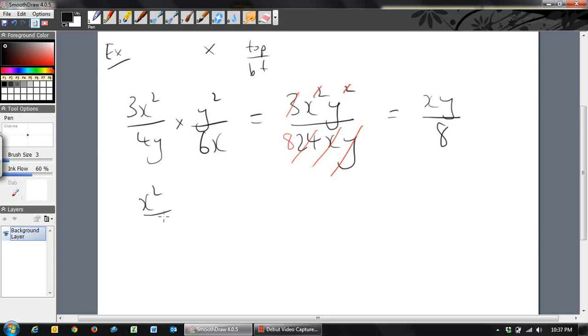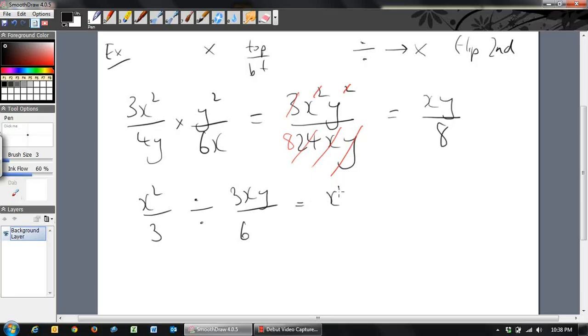So let's say x squared over 3 divided by 3xy over 6, something like that. Remember, when you're dividing, you change it into a times, but you flip the second fraction, okay, upside down. So let's do that.